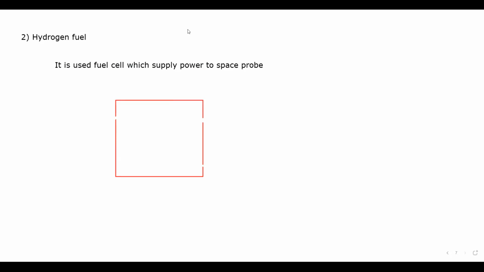So what happens in a fuel cell? On one side hydrogen is added, on the other side oxygen is added, and when this hydrogen and oxygen combine and react, what is the result?